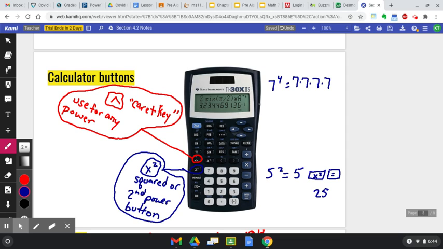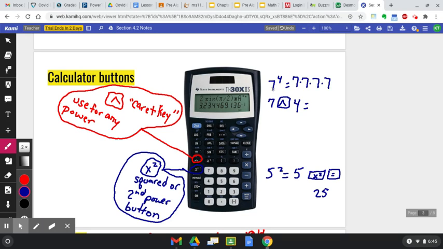So another way to do that is to type in 7, and then you have this little up arrow looking thing, and it's located typically right above the squared button. It's called a caret key, and that's used for any power. So it's saying 7, and when you hit that, whatever you type in next is going to be the exponent. So 7 raised to the 4th, and then you can hit equals or enter, and that should compute it for you.